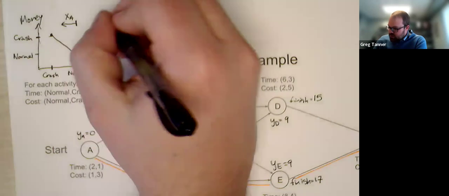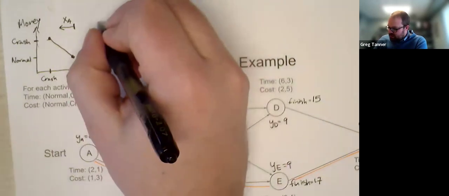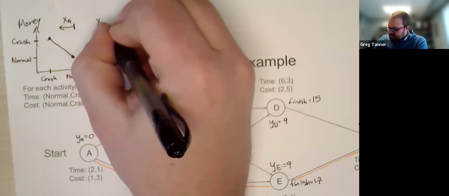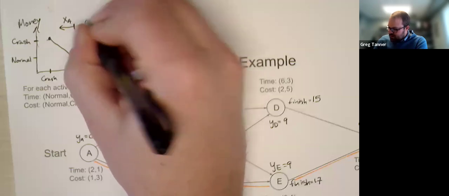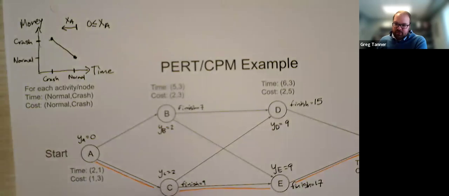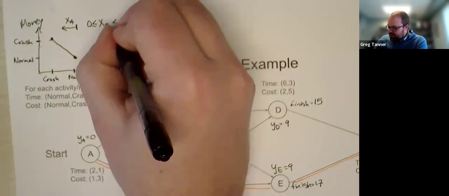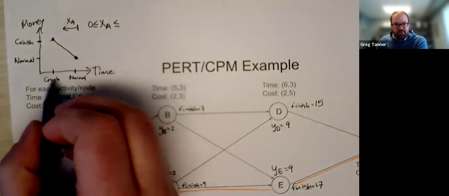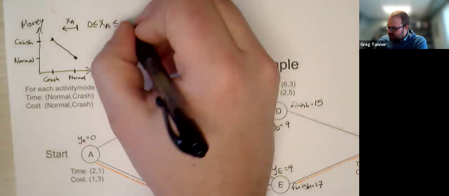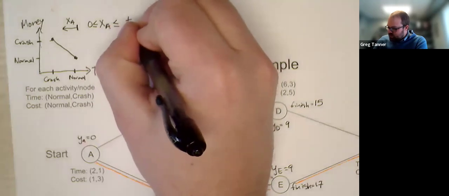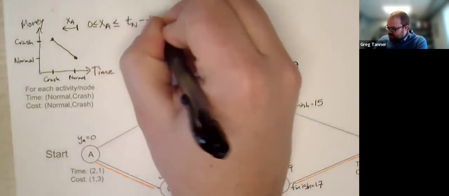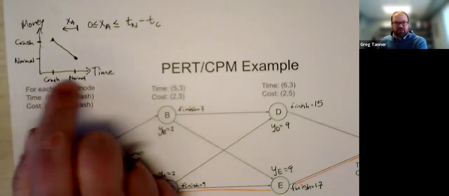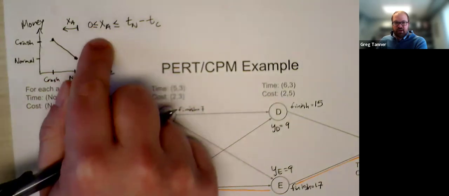Some constraints here: XA, the amount that we crash, can't be less than 0, so we get non-negativity. And it can't be more than the total amount that we can crash, which would be time normal minus time crash.